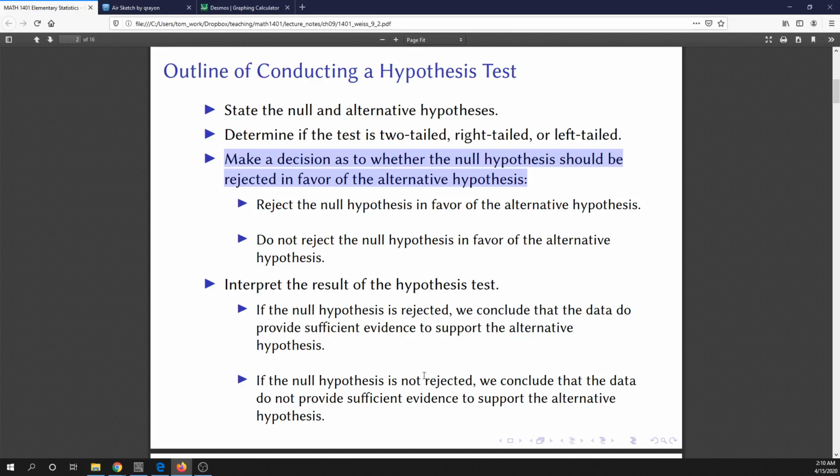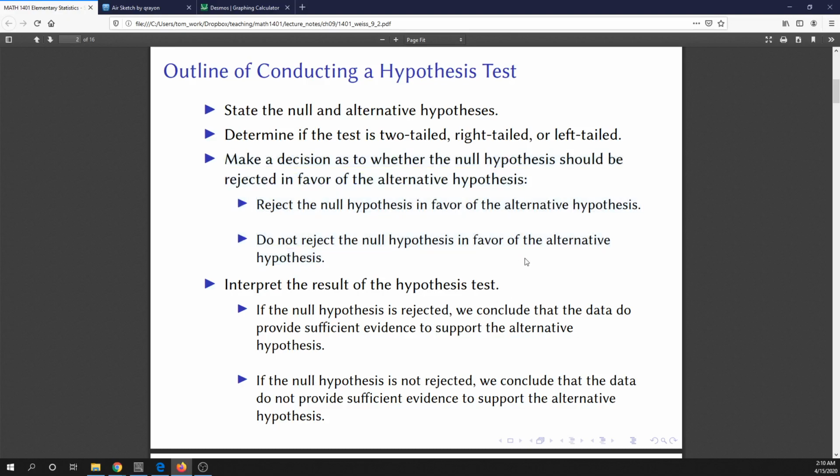And if you do not reject, then you conclude that the data, the sample that you took, does not provide sufficient evidence to support the alternative hypothesis. That's really the interpretation. So again, we're not going to focus much on this last step or the first two. This section, 9.3, is going to be about how you decide whether to reject or not reject. And then in sections 9.4 and the last one, 9.5, we will put all of this together and do problems where we do all of these steps.